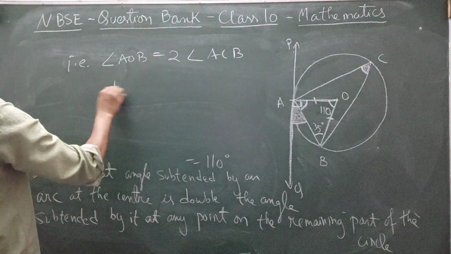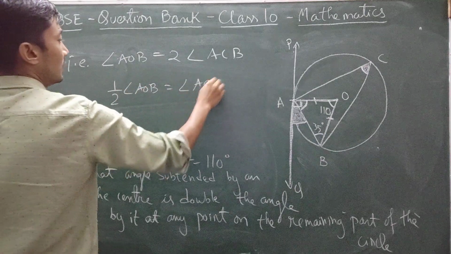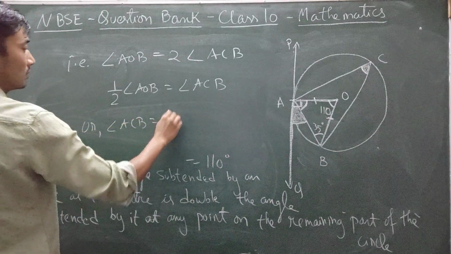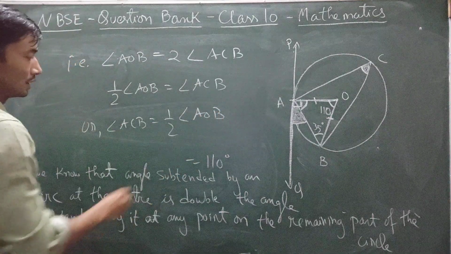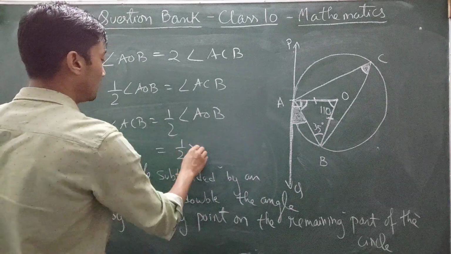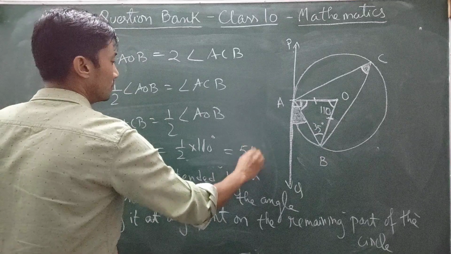So angle ACB is equal to half of angle AOB. Half of angle AOB is 110 degrees, so 55 degrees.